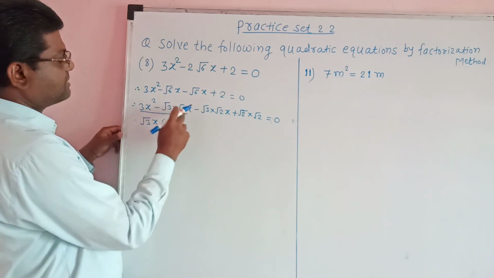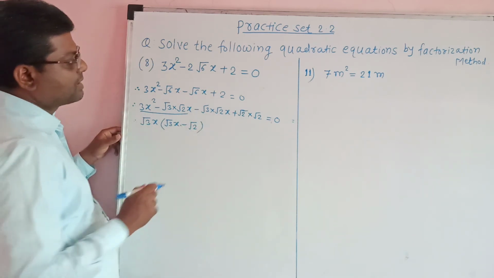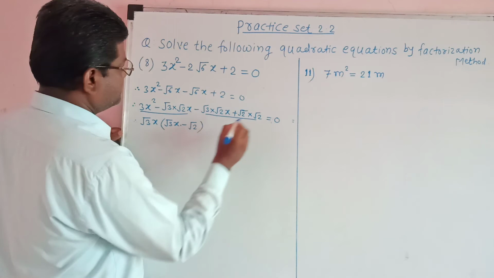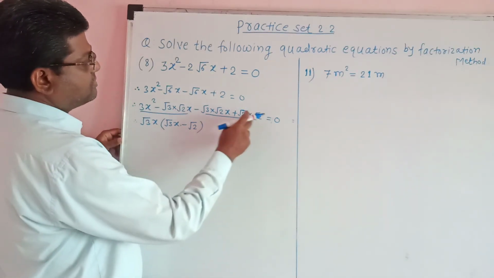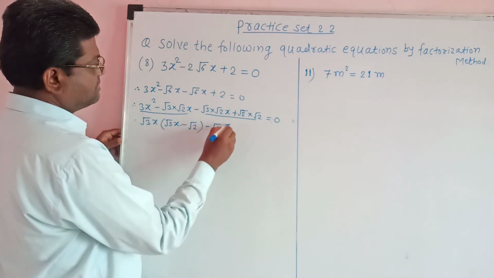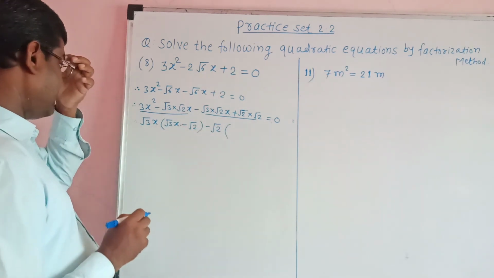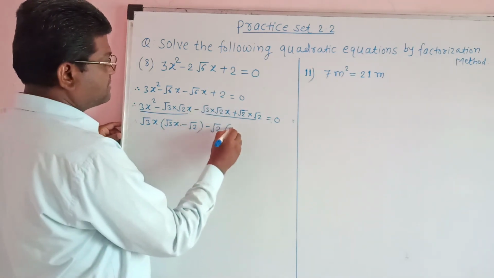Here root 3 and x are taken common, so root 2 will remain there. Now in these two terms, we take minus root 2 common, so what will remain in the bracket is root 3 into x.